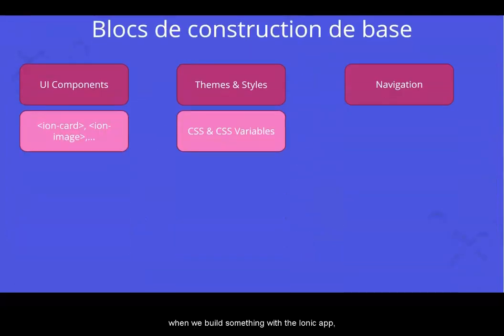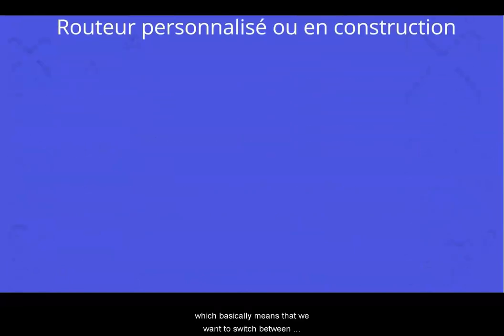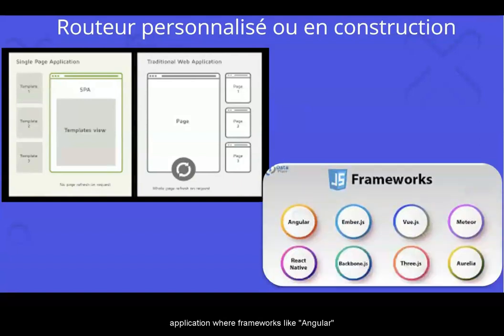Now, when we build something with the IONIC app, we also need to dive into navigation, which basically means that we want to switch between different pages in our app. Now, a page here doesn't technically mean a new document retrieved from a server, but you are generally building a so-called single-page application where frameworks like Angular, Vue, or React have libraries like React Router that drive the switching of pages and the rendering of different parts of your application on the screen.